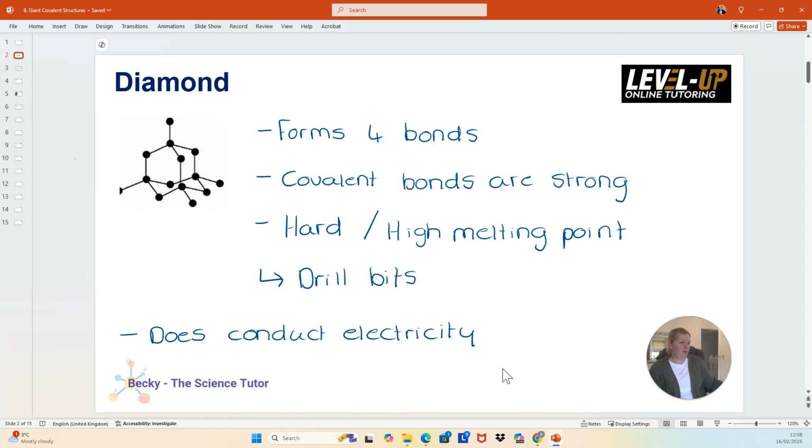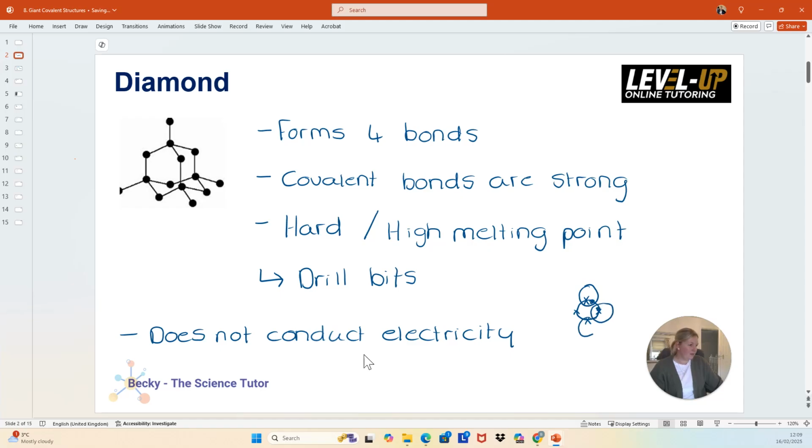I hope you guys spotted that earlier. Does not conduct electricity. We said we'd come back to it, didn't we? So if we do a little outer shell of 4 electrons each again, and remember this time it's bonded 4 times, so each one of those electrons is going to be bonded or shared with another carbon, and therefore it has no free electrons.